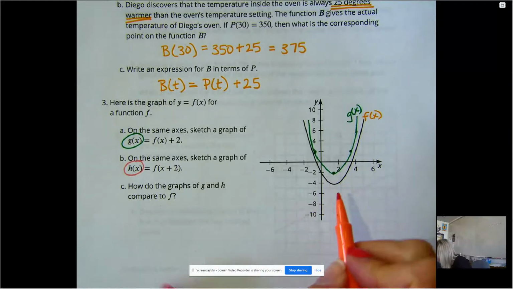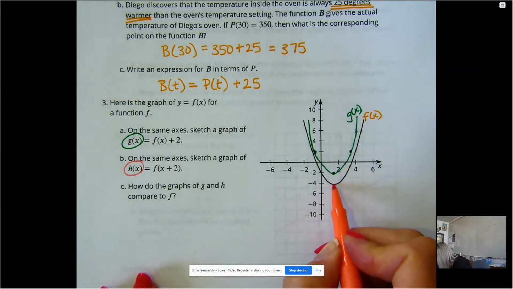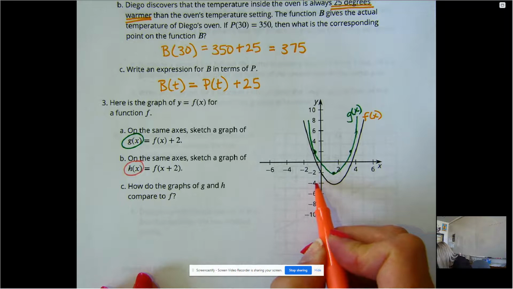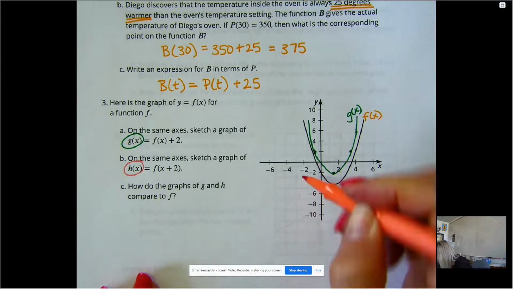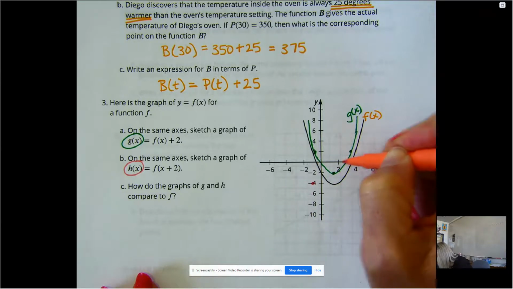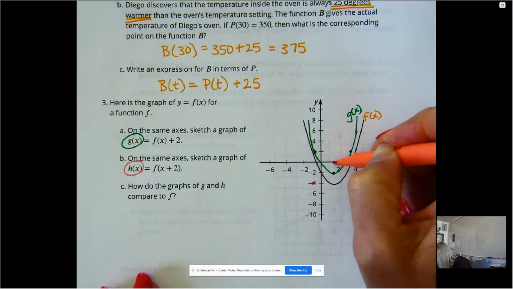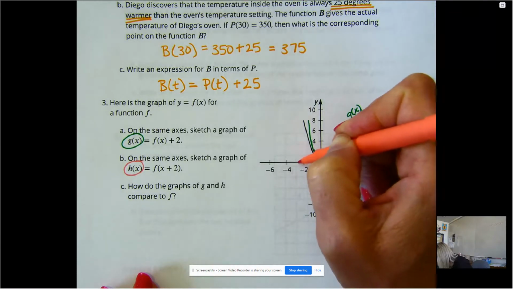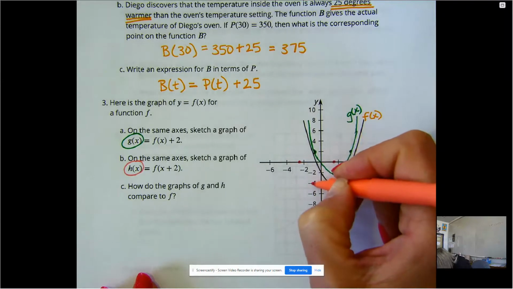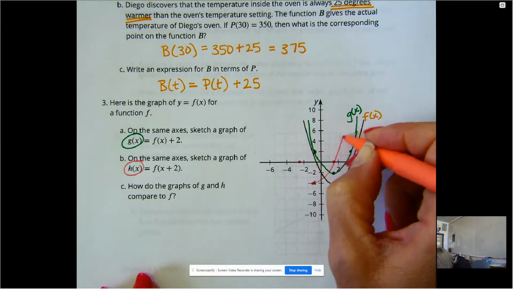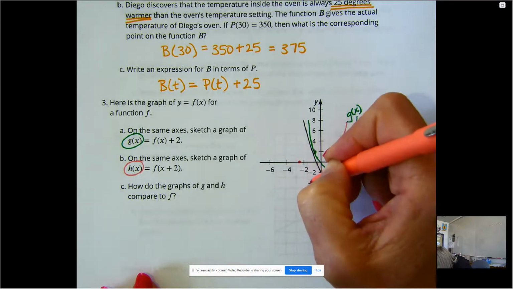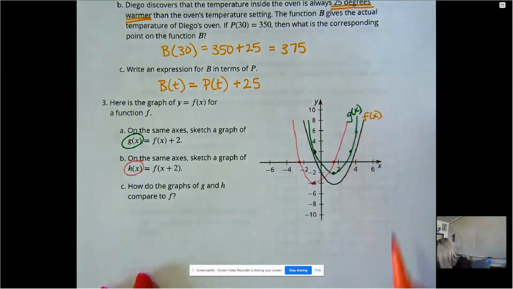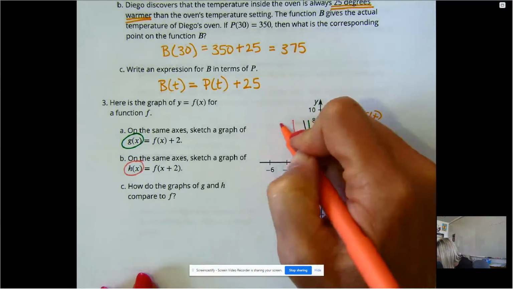All right, so that means the vertex is going to be about here, and then this root will be about here, and this one will be about here. And so here's that. That's a horizontal shift. And that's h of x.